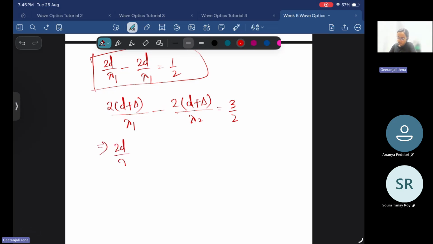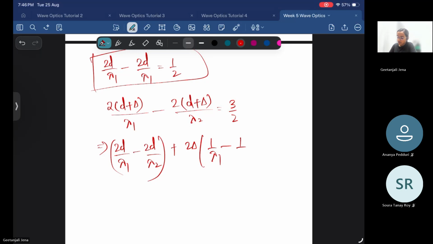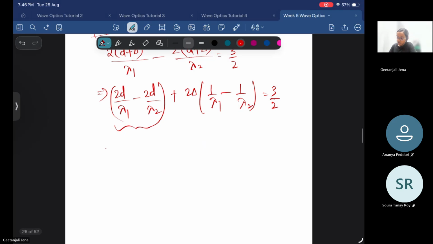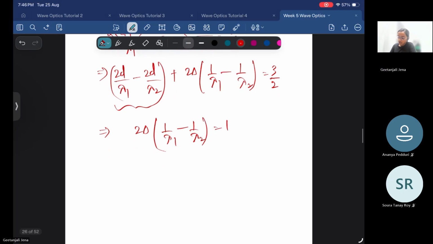So we can rearrange it. So this value is half. So that means this will give 1.